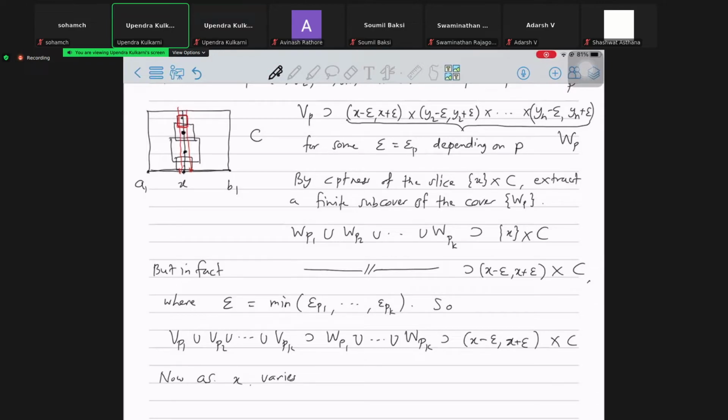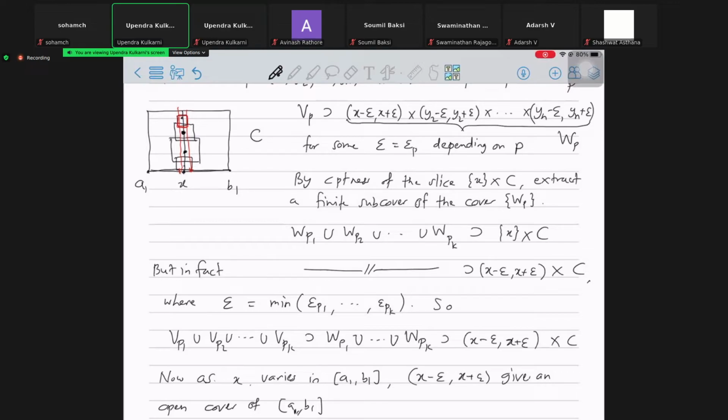So until now, X was fixed. X minus epsilon, X plus epsilon give an open cover. So I find a finite subcover and take the union of all the respective V's.